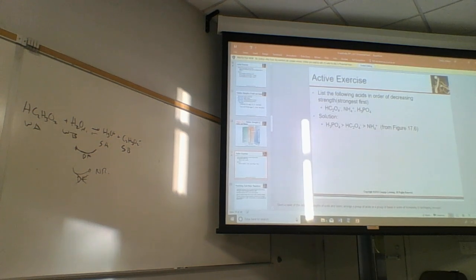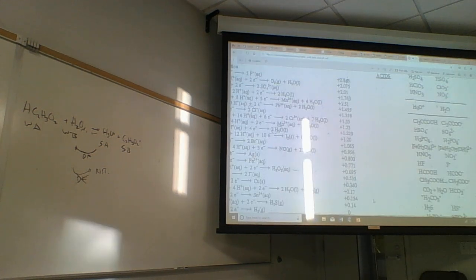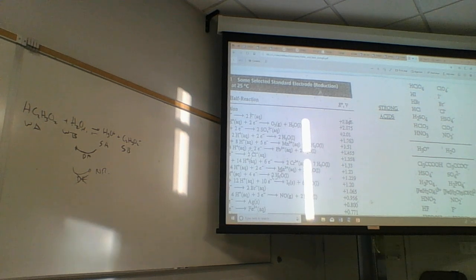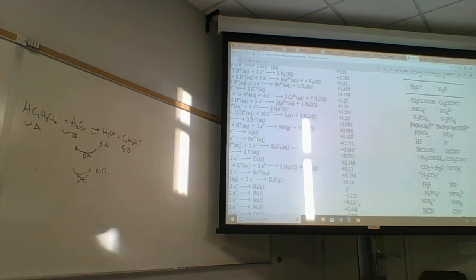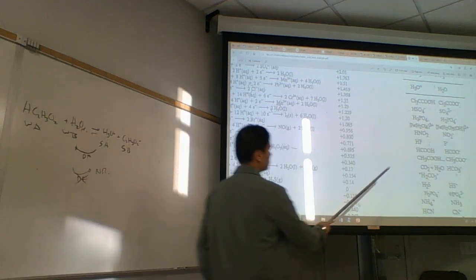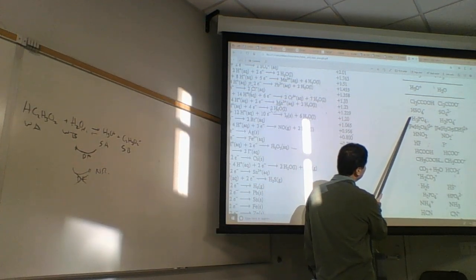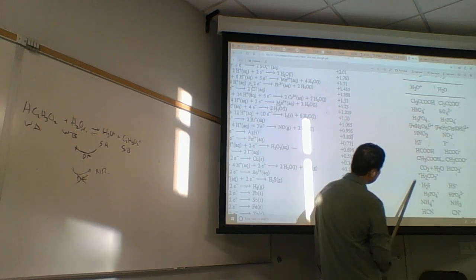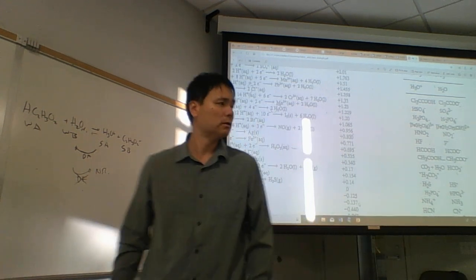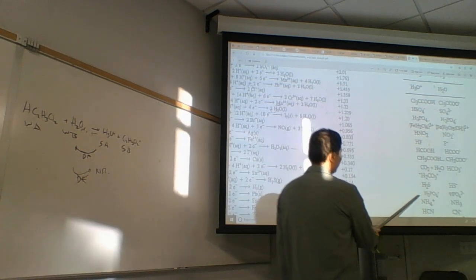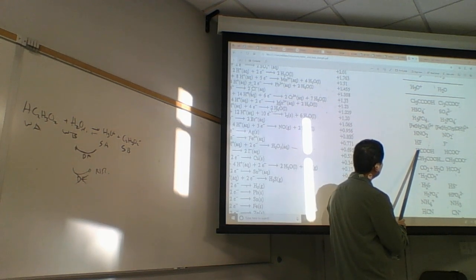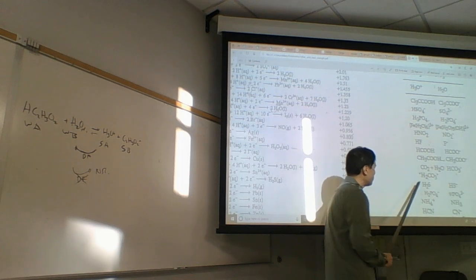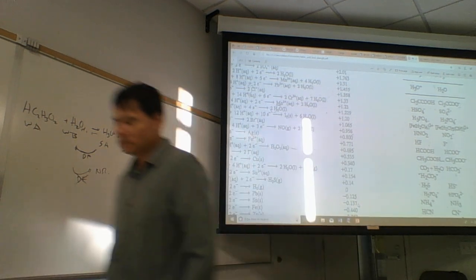So let's just look at the chart here. We're going to look at the acids going down the list. Here's phosphoric acid, it comes in first. And then let's look for hydrogen oxalate. And then, well, here's ammonium. But hydrogen oxalate is not on this chart. Do you see it? No. It's missing from our chart.